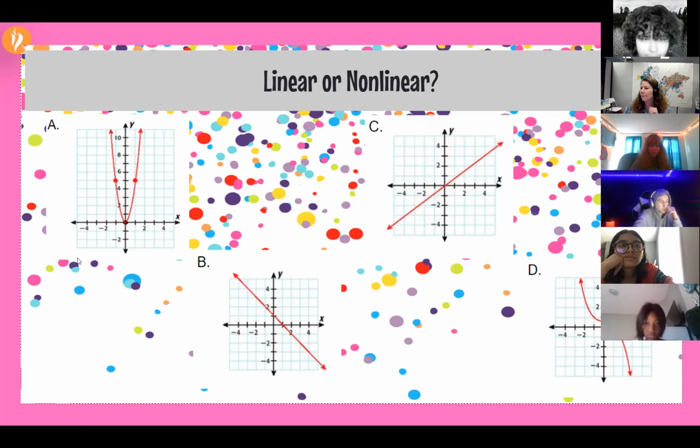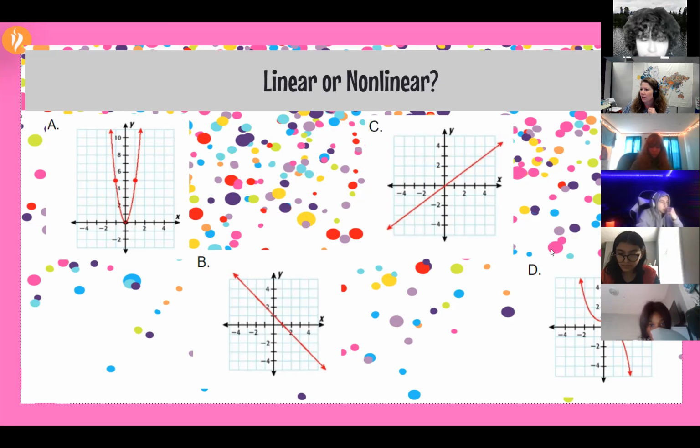All right, how about Penelope? Letter B, Penelope. Is this linear or non-linear? It is linear. Very good. That is correct. Jaden. Letter C, Jaden. Is this linear or non-linear? Jaden's already typed linear. Very good.